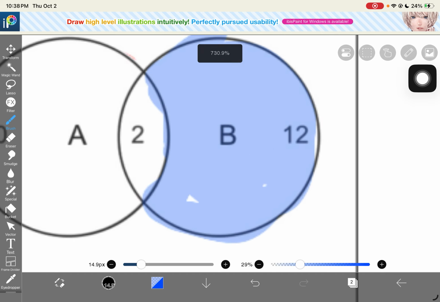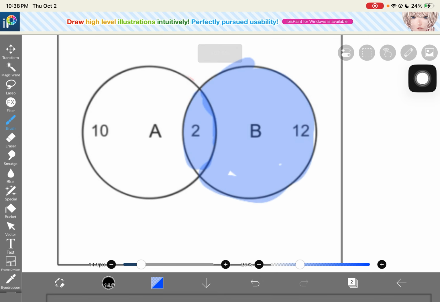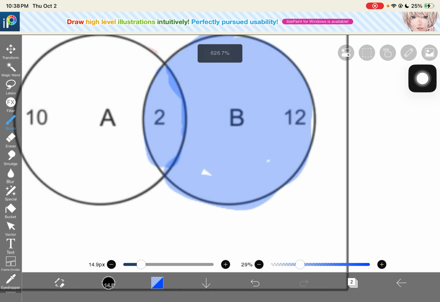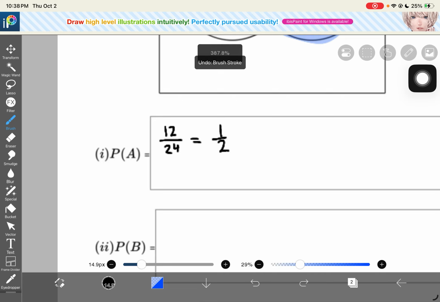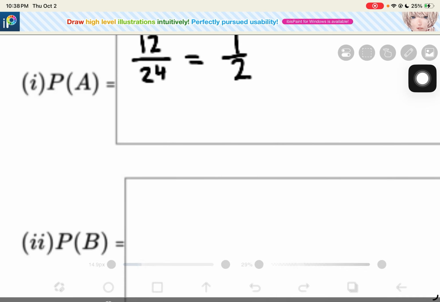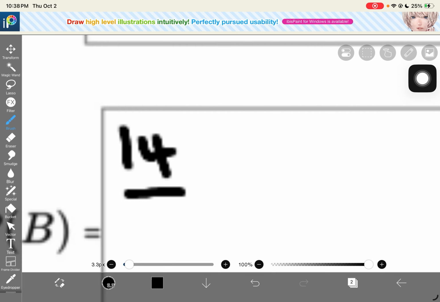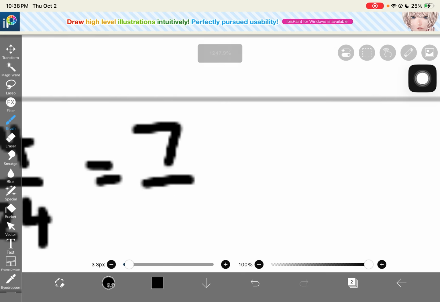But you can also highlight the 2 in the middle, because it's part of both sets A and B. And as I said B, we're going to count it. So 12 plus 2, that's 14. It's going to be 14 over 24, or simplified, equal to 7 over 12.